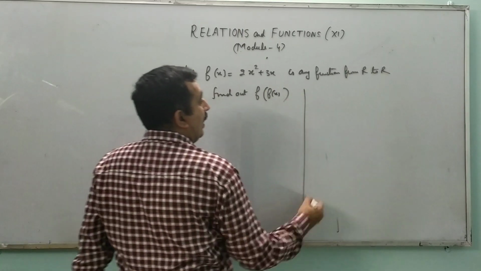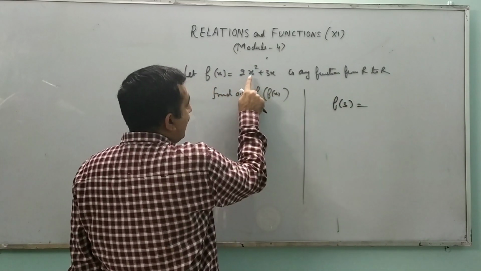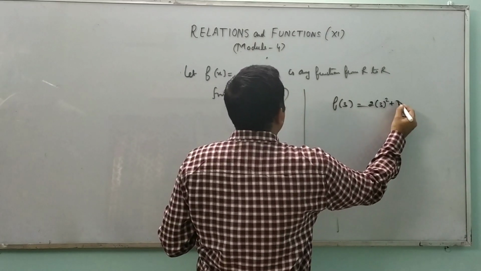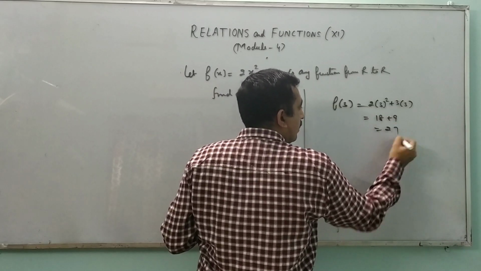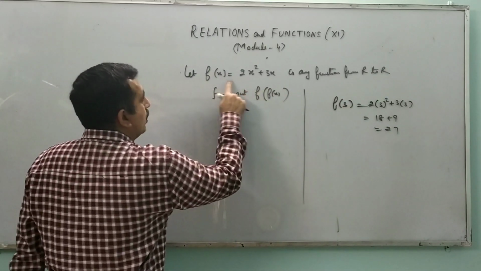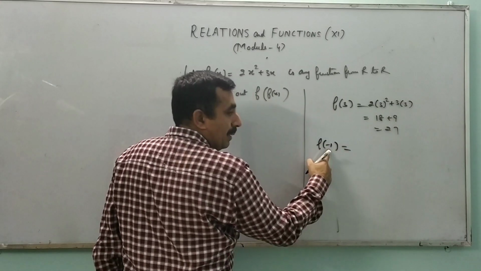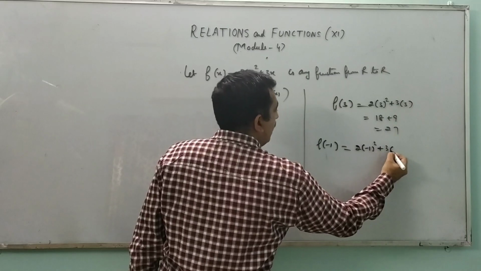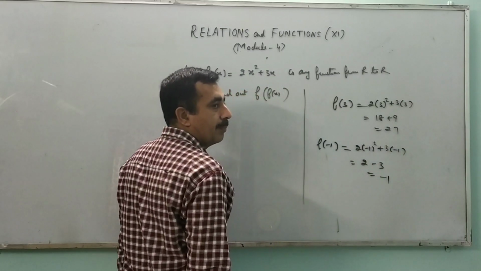If the question is to find out f(3), instead of x you have to put 3, meaning 2 into 3 square plus 3 into 3, which is 18 plus 9, 27. If the domain value is 3, put 3 for x. If the question is to find f(-1), put -1 here: 2 multiplied by (-1) square plus 3 multiplied by -1, which is 2 minus 3, so -1.